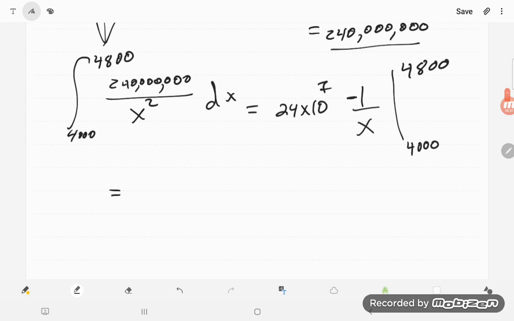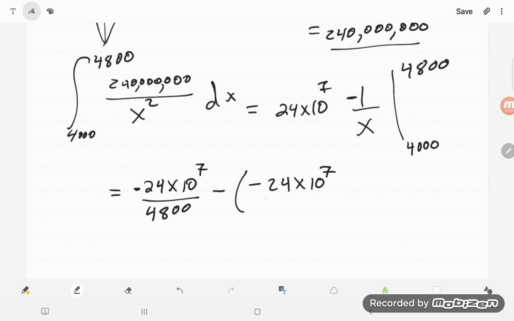So this is equal to 24 times 10 to the 7th minus that over 4,800, and then minus a minus 24 times 10 to the 7th over 4,000.